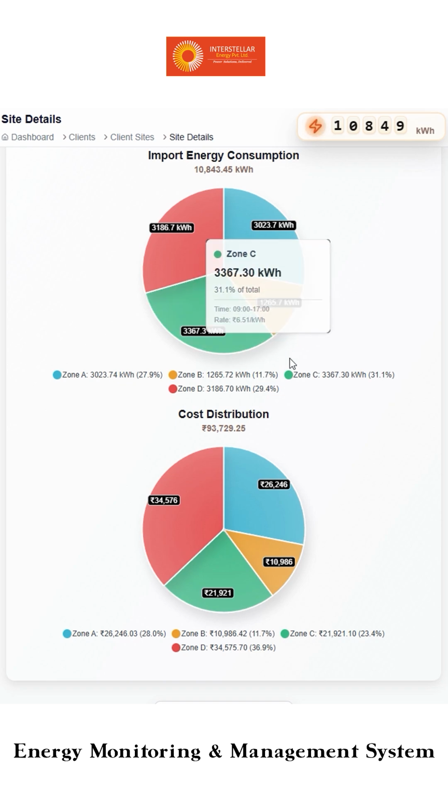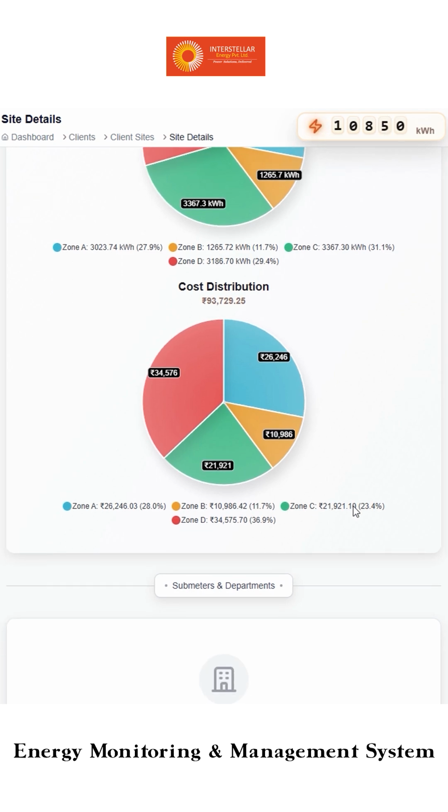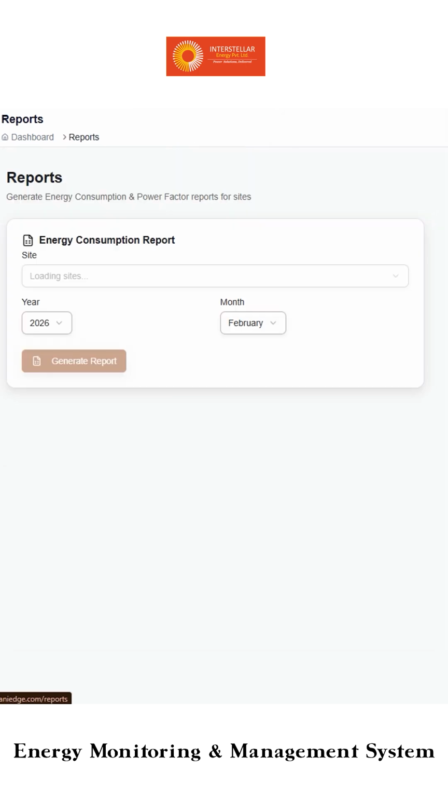Because of this, we should try to keep maximum power consumption in the C zone. By doing so, we can plan our power usage more efficiently. Through this system, we can clearly see which zone has how much power consumption. Additionally, using the energy monitoring system installed in our facility, we can generate various reports.